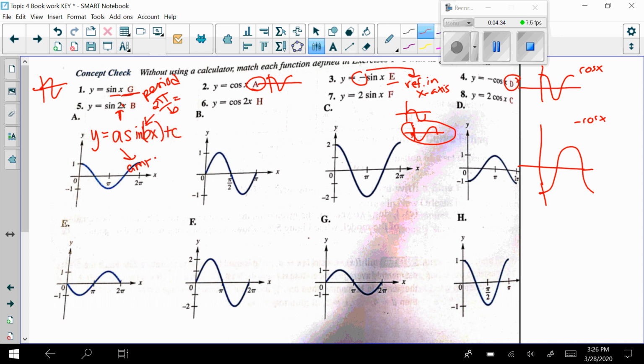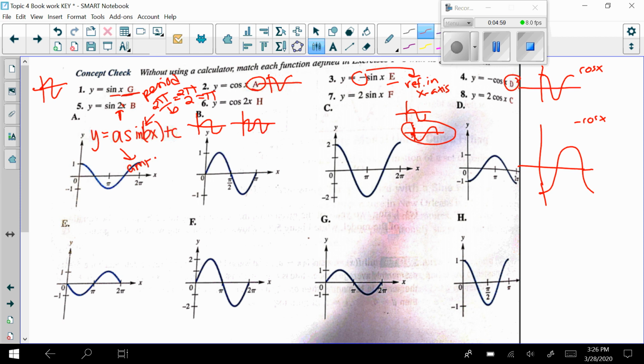So that would be 2 pi over 2, which means your period is pi. So that means it's going to cycle through in pi. So I know normal sine x looks like this, and this is going to cycle all the way through in just pi, and then it'll cycle through again.